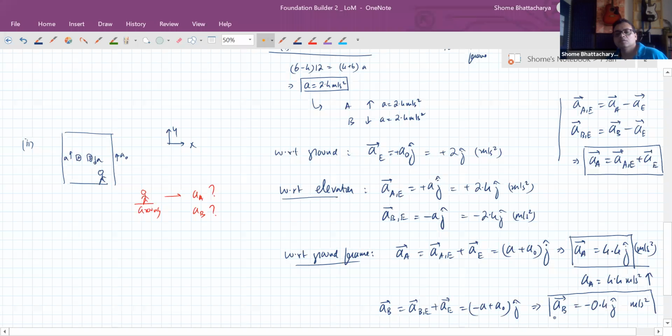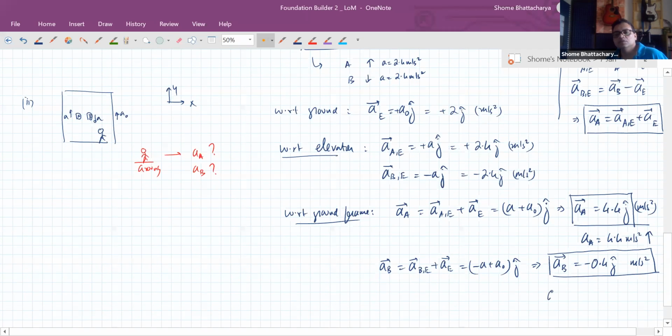Or if we want to express it as just a scalar quantity, it is going to be 0.4 meters per second square but downwards. So in the ground frame, it will look like object B is coming down with some acceleration, and object A is going up with some acceleration, but they're different in magnitude. A is going up with 4.4, B is coming down with 0.4.